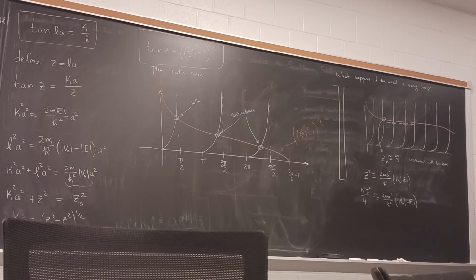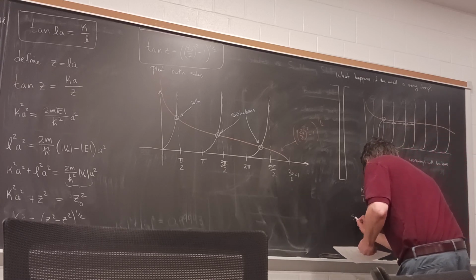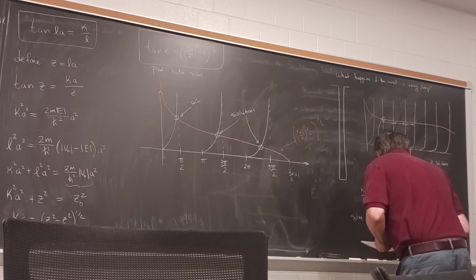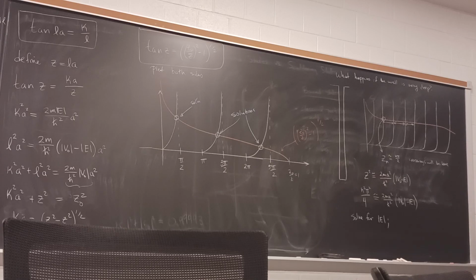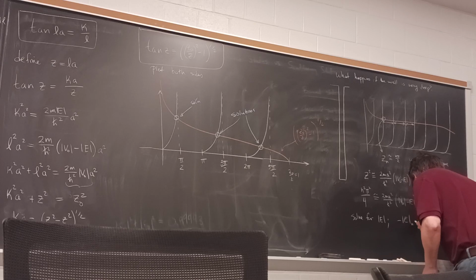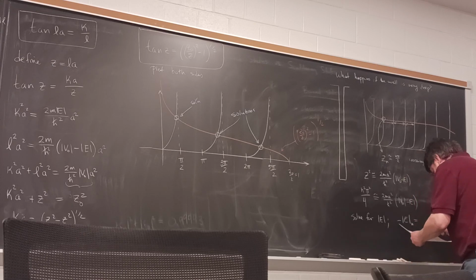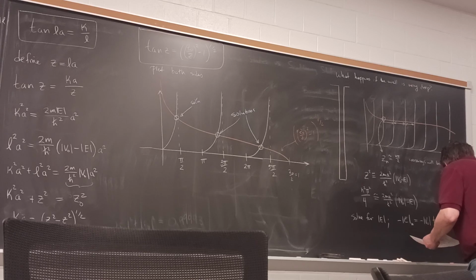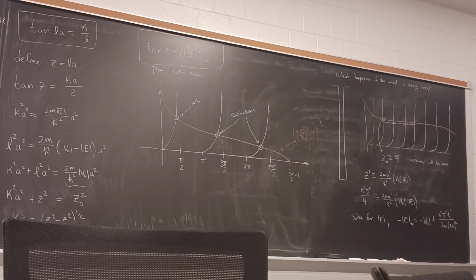And now we can solve this for E. Or let's solve it for minus E. So I can write it like this: minus E_n is equal to minus V0 plus n squared pi squared h bar squared over 2m times 4a squared.